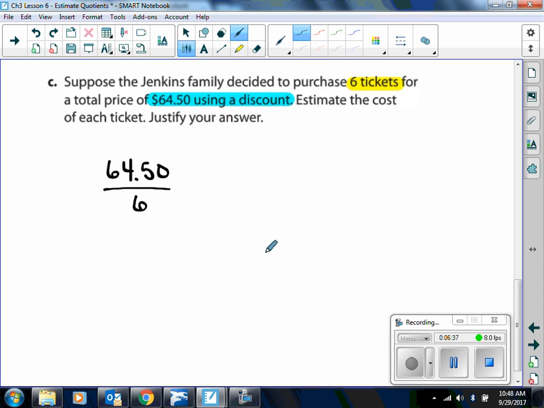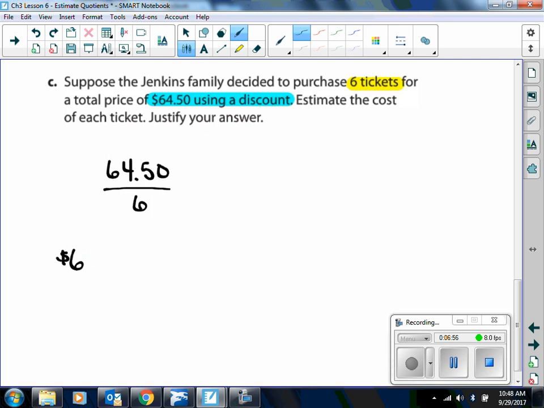Now, if I were going to round to the nearest whole number, then this would be about $65. So I'm going to write $65 here.